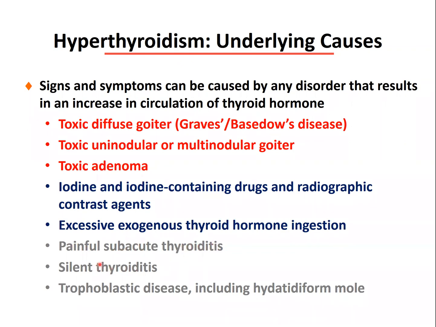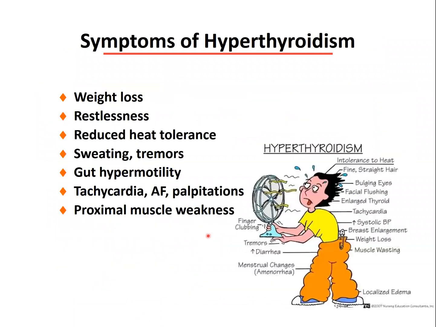Or silent thyroiditis, where there are no clinical symptoms of thyroiditis, but the level will increase. Or some trophoblastic diseases, a paraneoplastic syndrome, including hydatidiform mole, where the TSH or TRH level increases, and this is why the patient has hyperthyroidism.